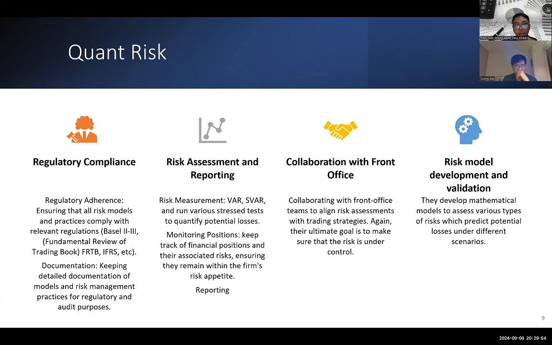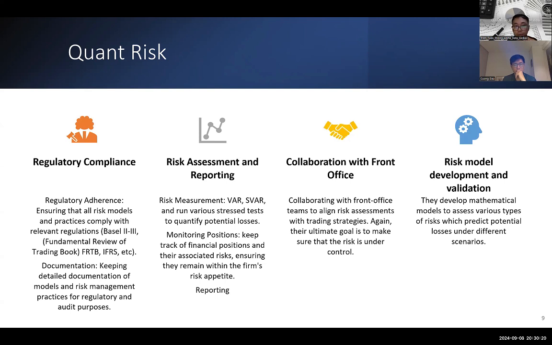The second one I would like to mention in the profession is risk assessment and reporting. First of all, for risk management, I think almost every quant risk has to compute and monitor the VaR or SVaR, stressed VaR, and run various stress tests every day to quantify potential losses, right?